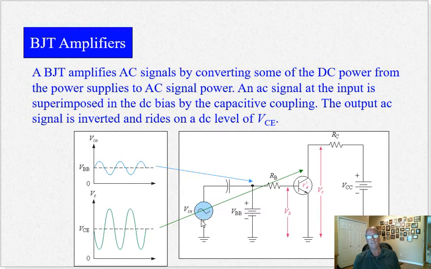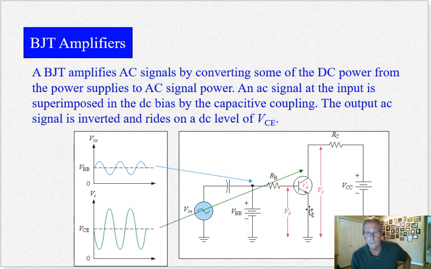So this AC waveform is imposed on it through this coupling capacitor, okay? And that produces a varying current on the base current. So you're having this fluctuating sine wave current going into the base. Well, what that's going to do is create a fluctuating collector current.